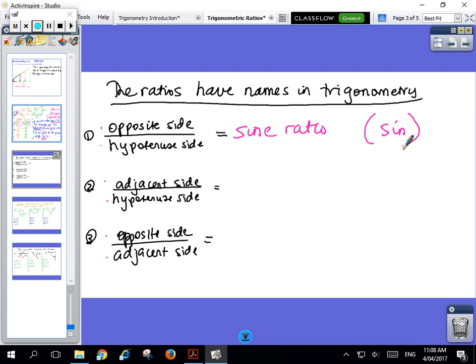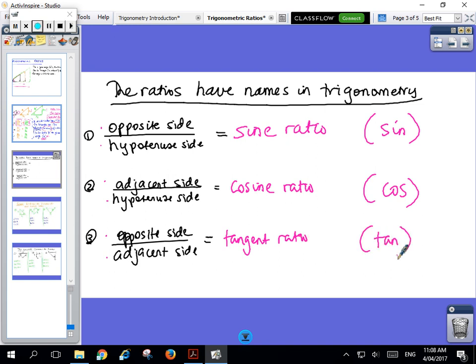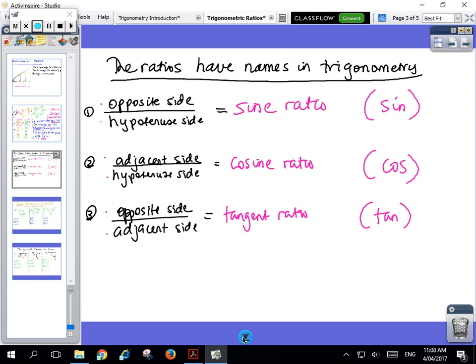The adjacent and hypotenuse is called the cosine ratio. And on the calculator, they abbreviate it to cos. And the last one is called the tangent ratio. And on your calculator, they're just abbreviated to tan. Okay. And the way to get them not confused is there's a little mnemonic.